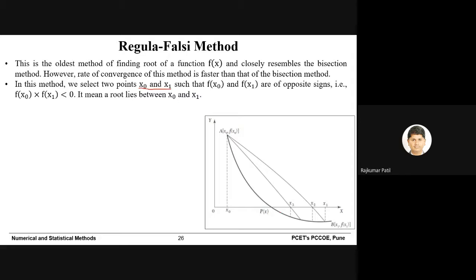In the figure, you can see here is the first point x0, which corresponds to point A, (x0, f of x0), and the second point is x1, the x-intercept of point B. These 2 points A and B are such that f of x0 and f of x1 have opposite signs, or we can say that f of x0 multiplied by f of x1 is less than 0.